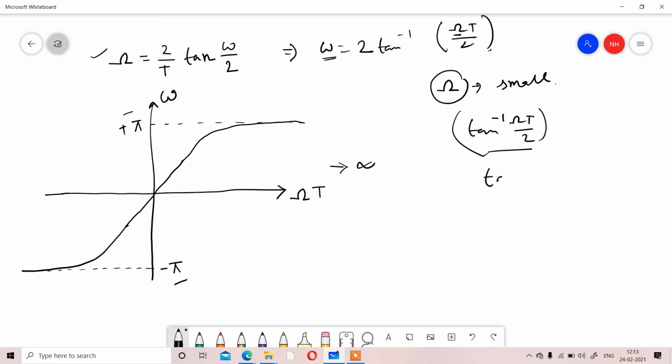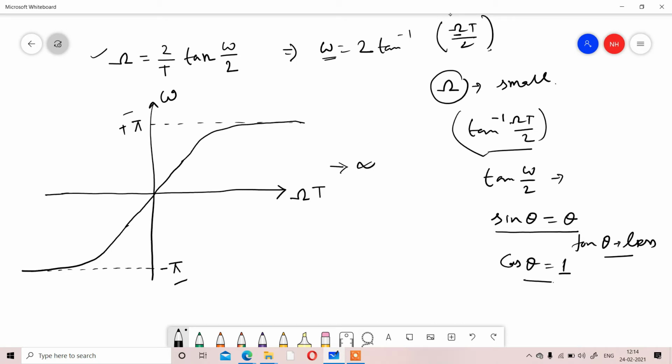So tan omega by 2 will be linear, because simply we know sine theta is equal to theta for theta very small. If we consider theta a very small value, sine theta we can write as theta, and cos theta we can write as 1. So tan theta we can write as theta.